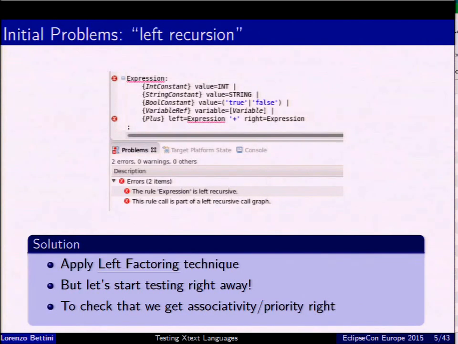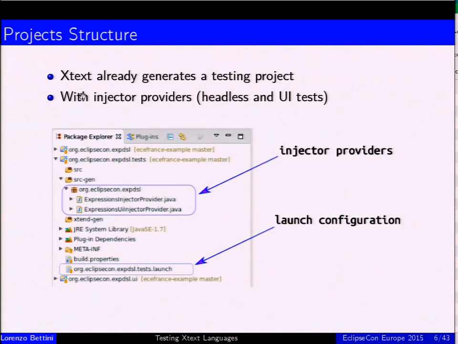It's rather easy to use this technique, but that's a good point to start testing the parser right from the start of the development, to check that when we applied left factoring, we get the associativity and priority in the expressions correctly. So Xtext already generates a project for testing.